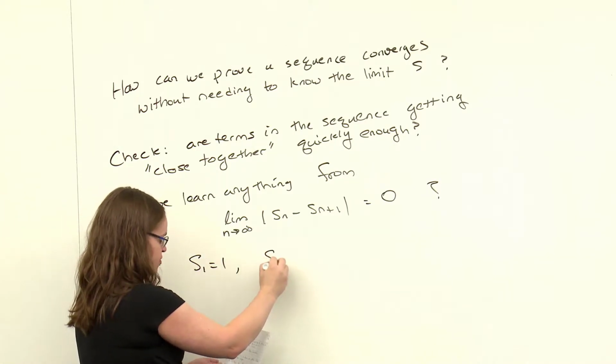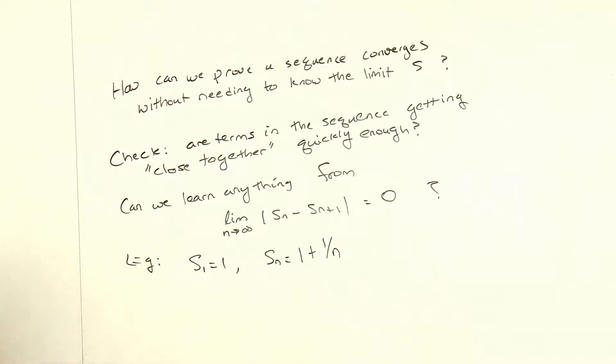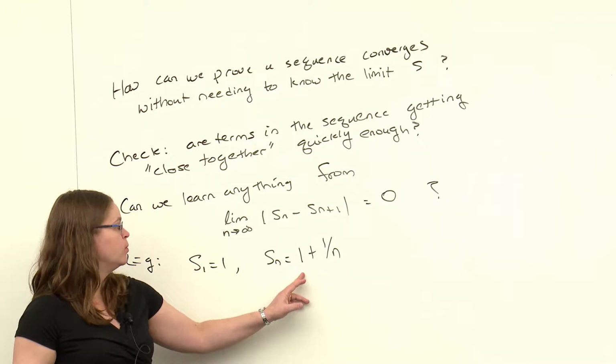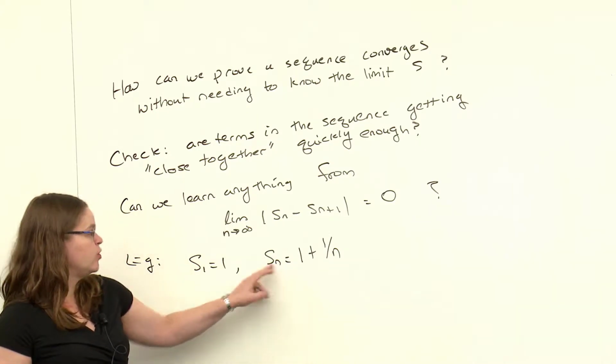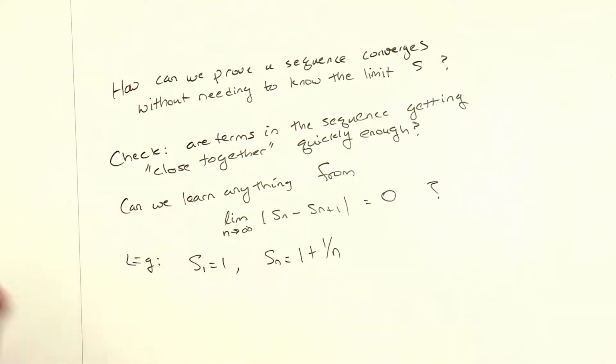And let's define our sequence this way: S1 equals 1, and Sn is the sum of 1 plus 1 over n. Okay, so S1 is 1. S2 is going to be 1 plus a half. S3 is going to be 1 plus a half plus a third, and so on.